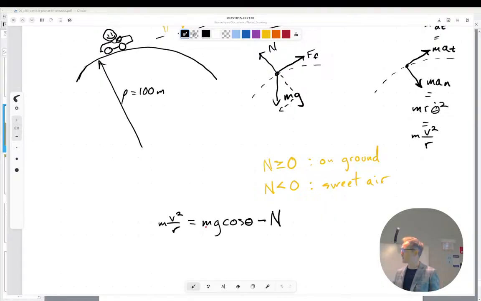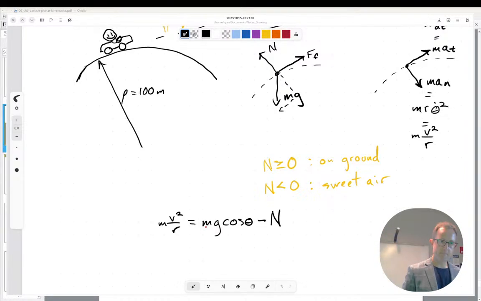But yeah, you're right, you've seen that. Most of the time, these two terms are equal because it's usually rolling up or down a ramp, and so n is mg cosine. But in this case, it's not equal. The two of them are kind of combating each other, one saying leave the ramp, the other saying stay on the ramp.